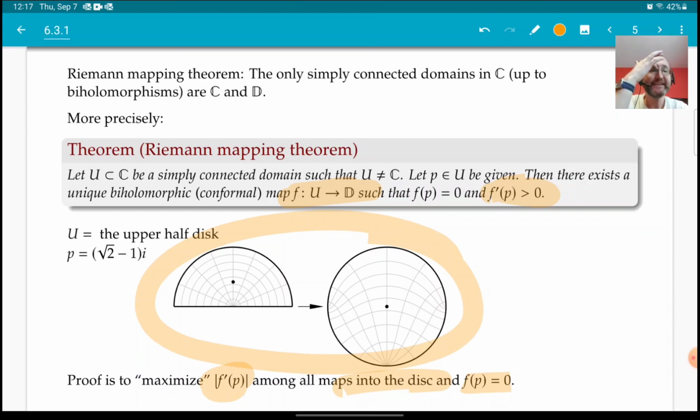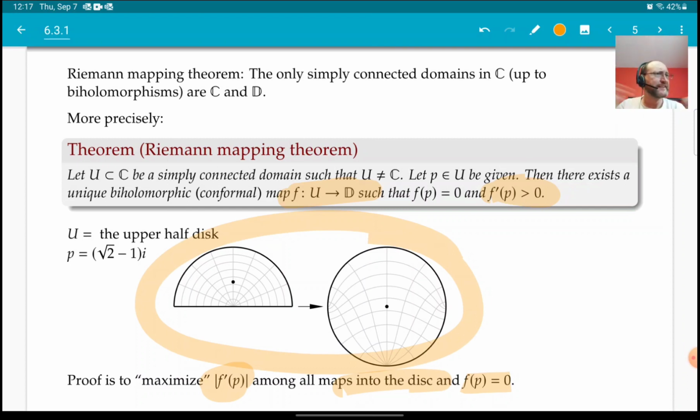And so the idea is, how would you think that you're going to fill the entire disk? You can always put your U into the disk somewhere. Think of U as some bounded domain. You could shrink U and map it into the disk. Well, how do you make sure that the map actually expands U into all the disk?